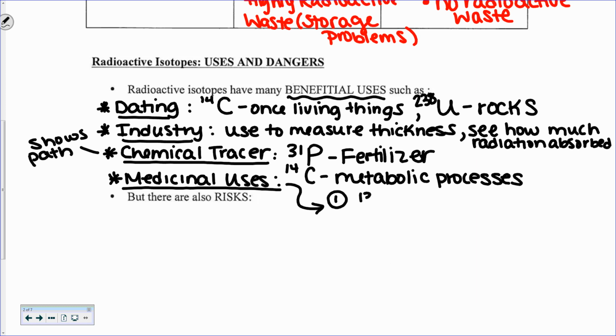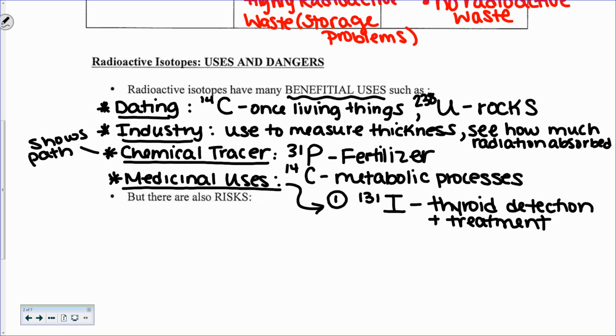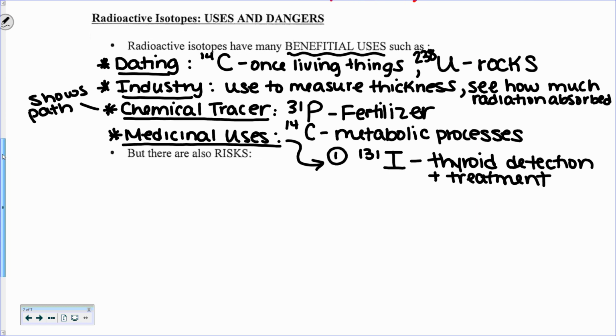So iodine-131 is used for the thyroid. It both treats and detects: thyroid detection and treatment. So they might use that to see if you have a problem with your thyroid, and then maybe give you more if they want to get rid of something bad.